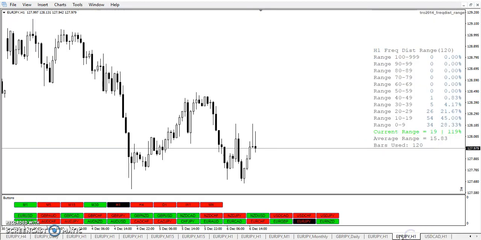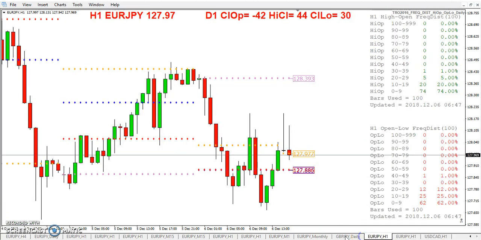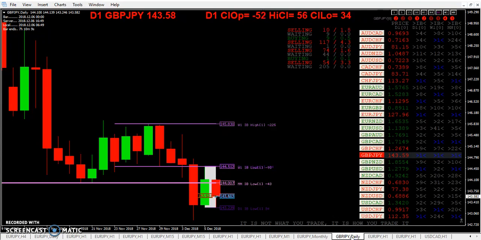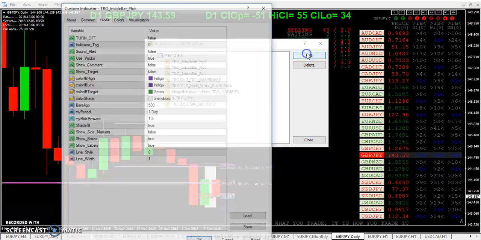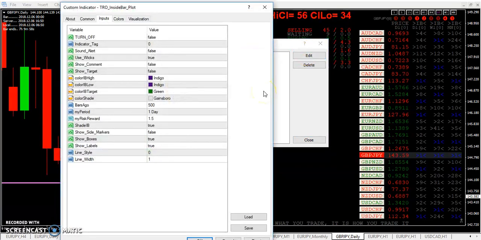Okay, where did I put it? Here we go. Inside bar. I modified the inside bar plot indicator, so I'll have to put this out in the mother load, where you guys know I post my code.